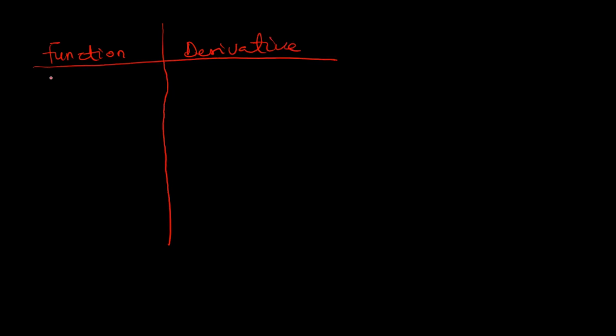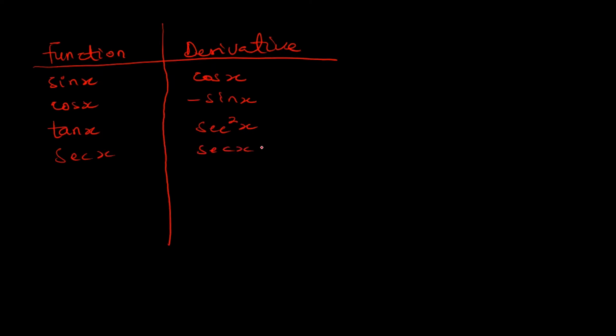So the derivative of sine x is cos x. The derivative of cos x is negative sine x. The derivative of tan x is sec squared x. The derivative of sec x is sec x tan x.